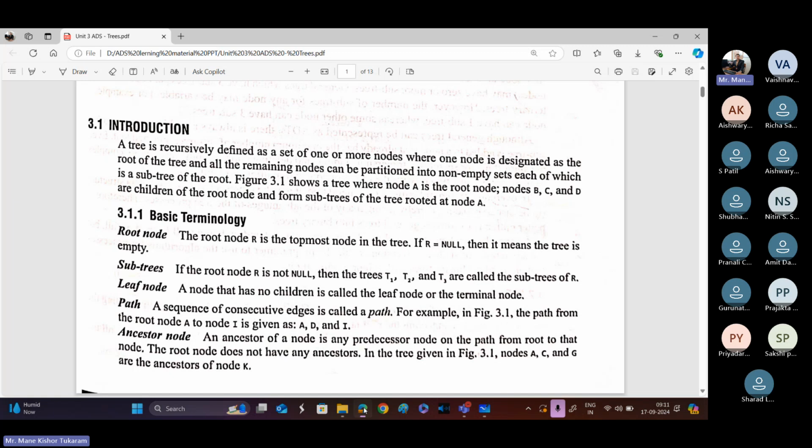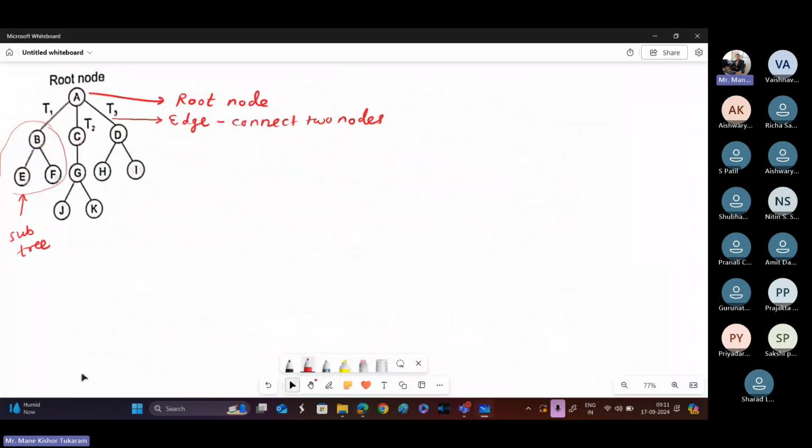Then here, leaf node. Leaf node means what? The node which doesn't have any children. So this is called a leaf node. And these are called internal nodes. Internal node means it is not the root node at the start, but it is not at the end also.